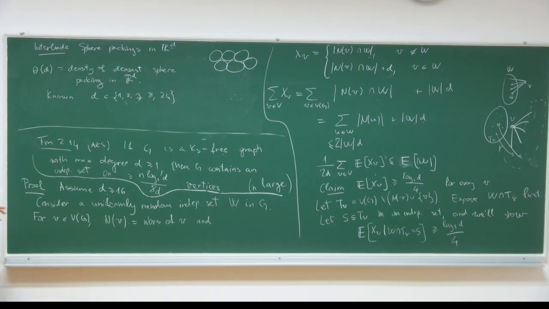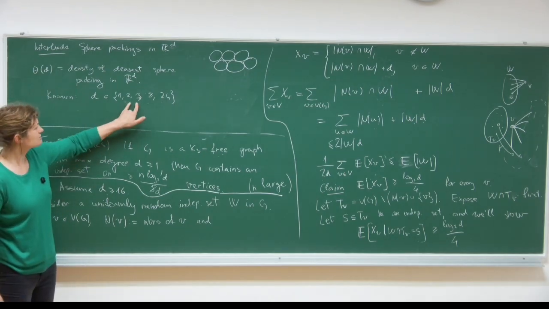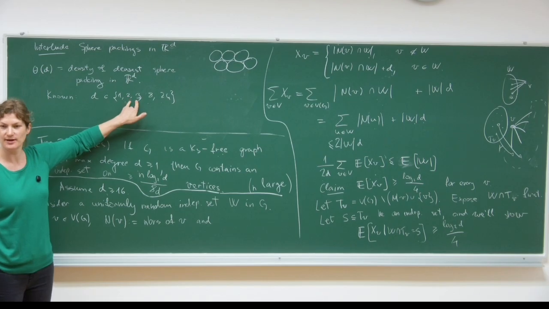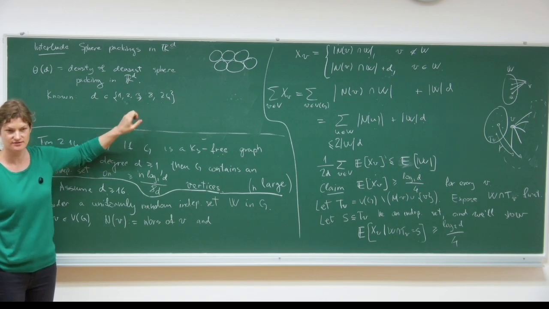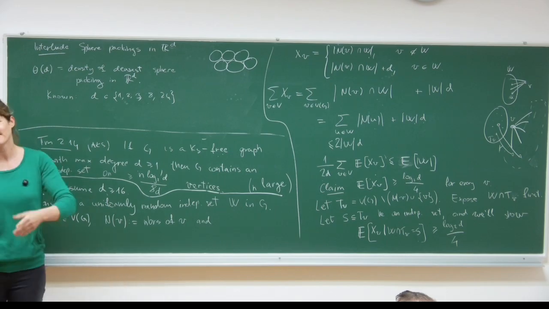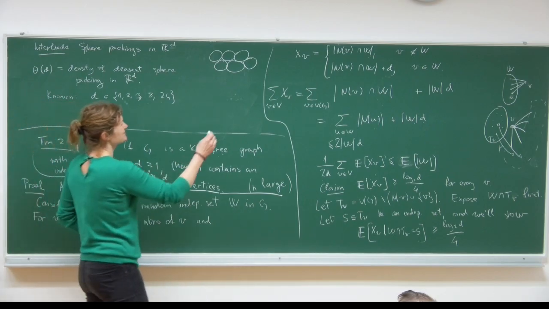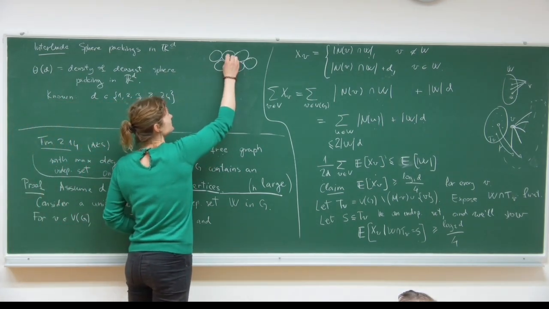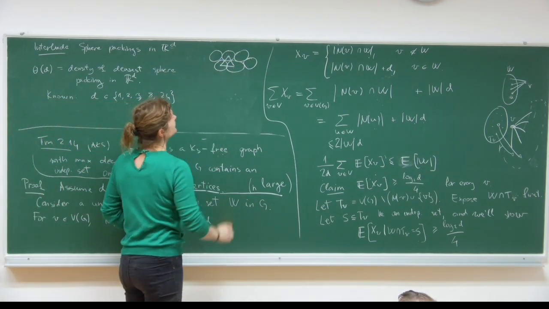So, yeah, maybe to answer the question, what is the optimal packing for dimensions 2 and 3, just kind of intuitively? It's the triangular lattice, depending on how you consider it, like this.